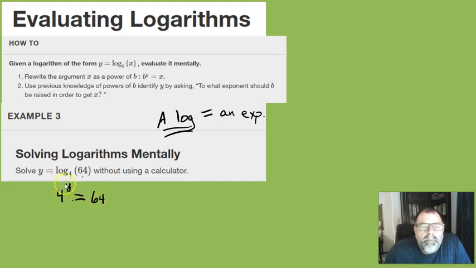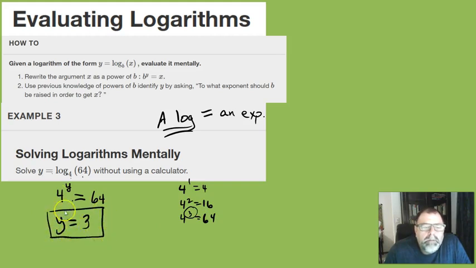So we're saying what power of 4, the base, gets us 64. If you think 4 to the first is 4, 4 squared is 16, 4 cubed is 64, so it must be 3. So y equals 3. This is kind of what you think in your head: 4 to what power is 64?